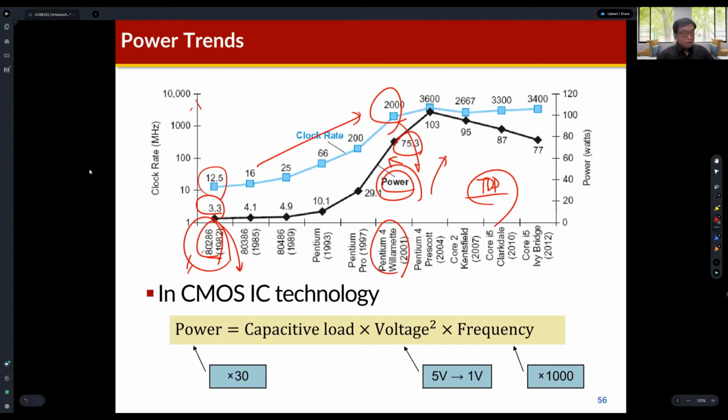And why is power critical for the computer system? The power consumption of a processor is directly related to the running cost of a computer system. Because if we consume electric power, then we need to pay for the consumed electric power, right? So it's related to the running cost.